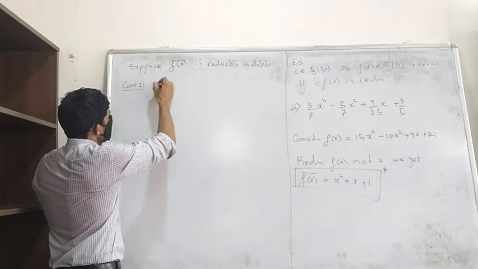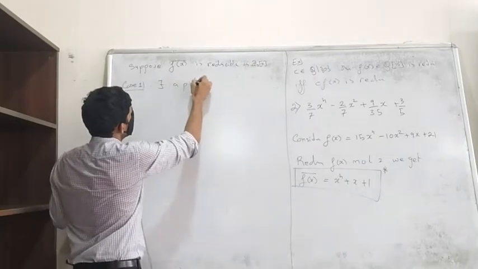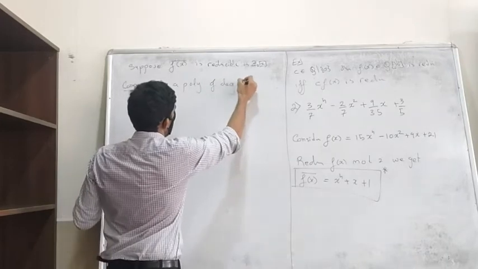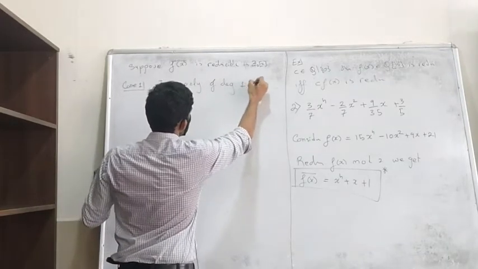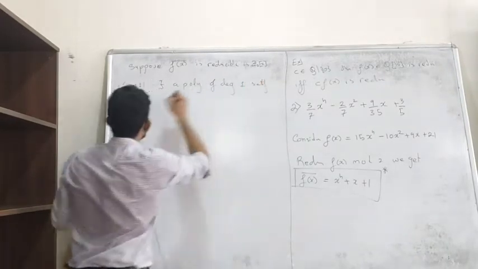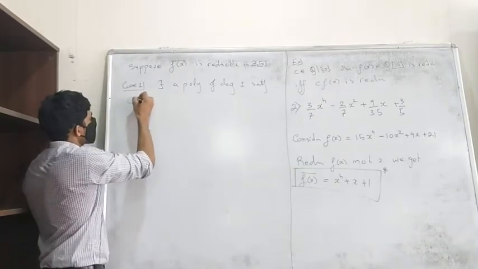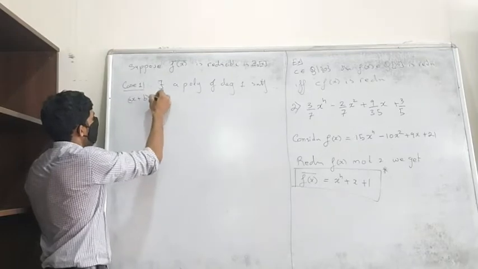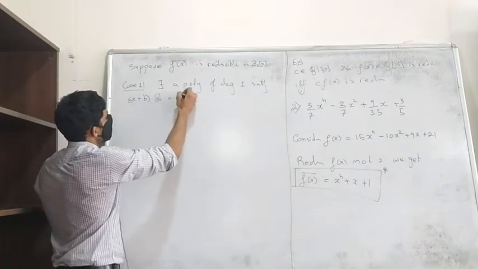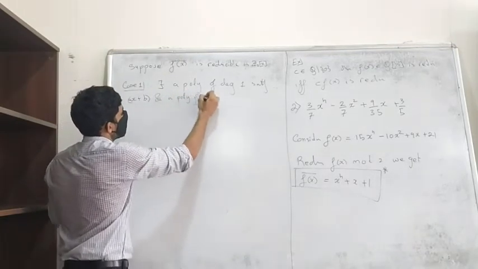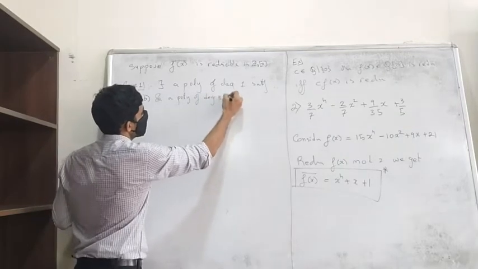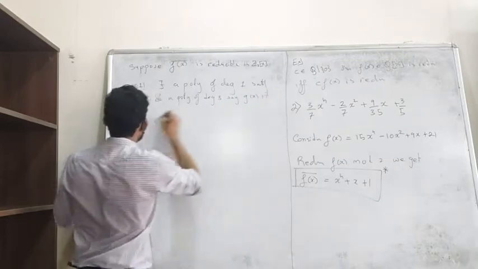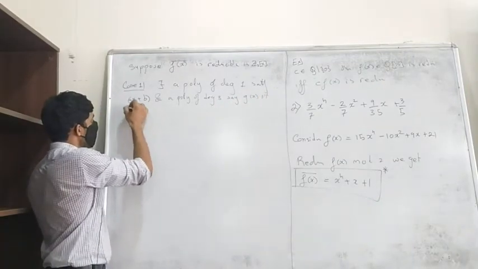So there exists a polynomial of degree 1, say ax plus b, and a polynomial of degree 3, say g of x, such that we can write f of x bar as their product.